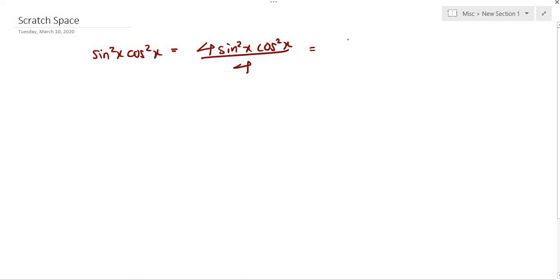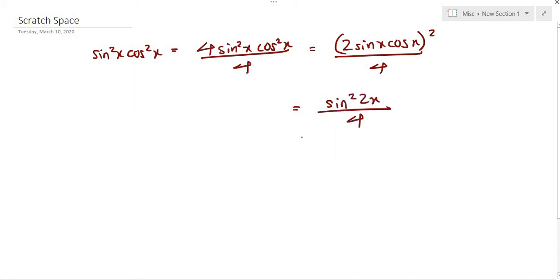Because now we can write the numerator as 2 times sine of x times cosine of x, the whole thing squared, divided by the 4. But what is this quantity that's being squared? That's right, it's sine of 2x. So sine squared of 2x divided by 4. Well, now we are ready to differentiate.